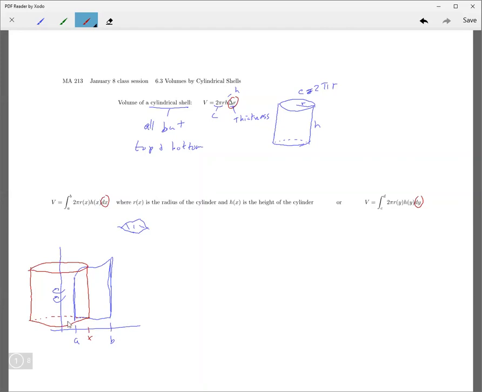Now this is opposed to the method that we did last time, which is where, let me say one thing before I say that, and that is the solid of revolution. You know, of course, you're rotating this whole region about the axis. So this whole thing's being rotated around.